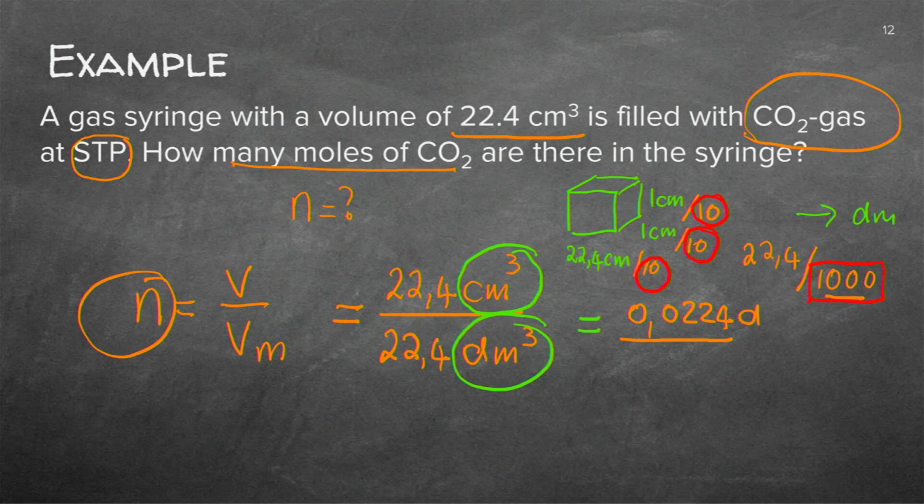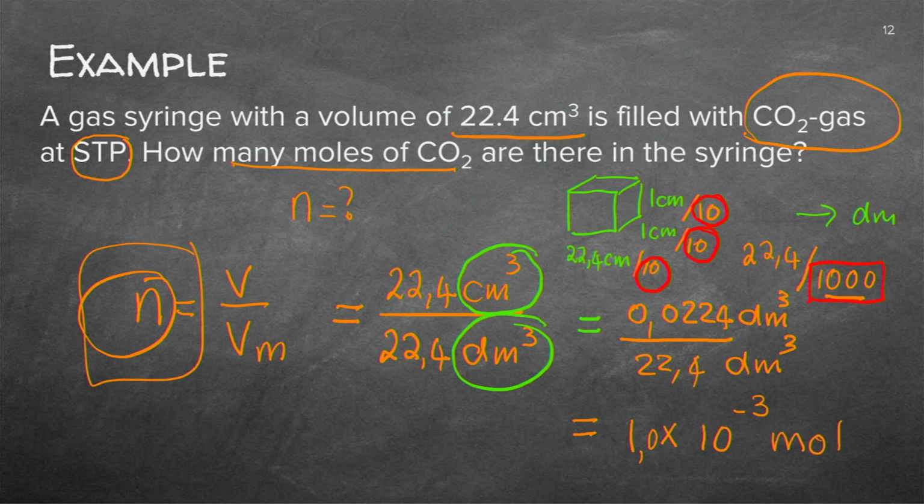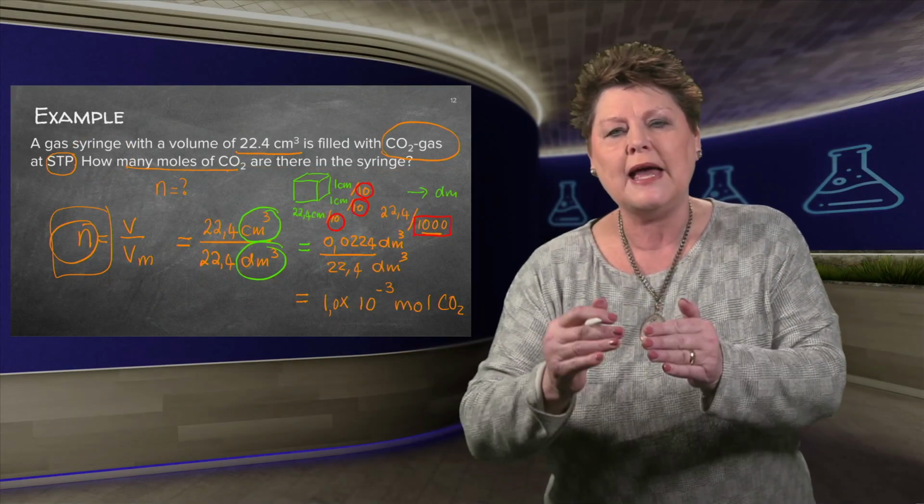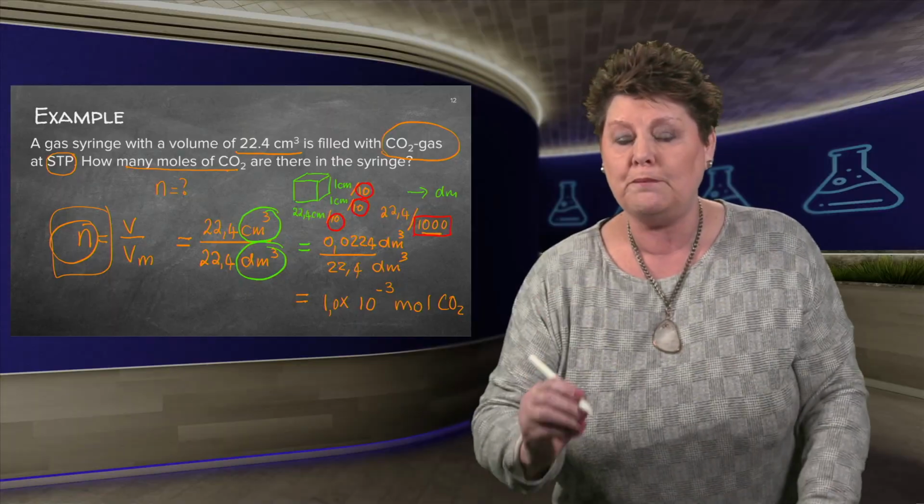And I've got decimeter cubed at the top, and I've got 22.4 cubic decimeters at the bottom. And now I can do my calculations, and you now get an answer of 1.0 times 10 to the minus 3 mole, because that's what I had to calculate, carbon dioxide. It's easy if you know exactly what you're doing and take it step by step, and have your pen ready.